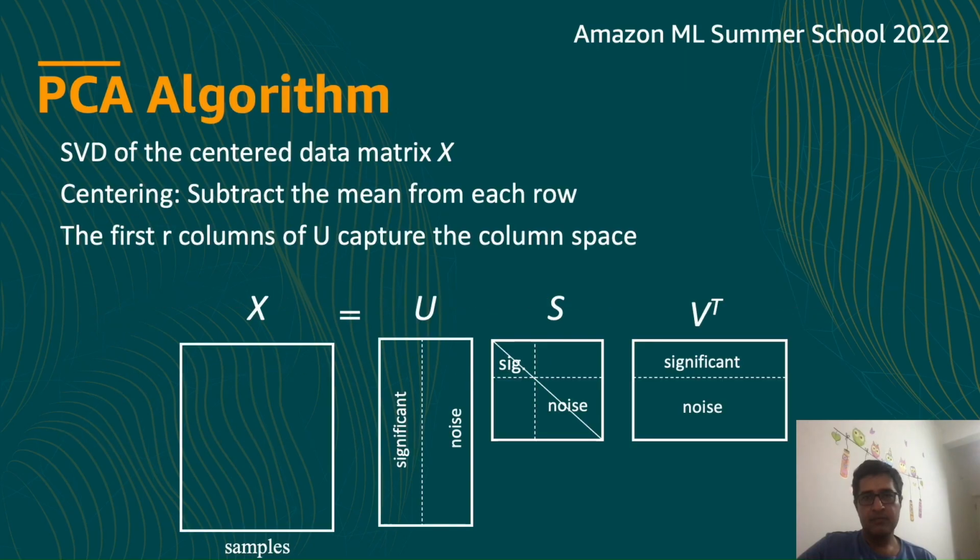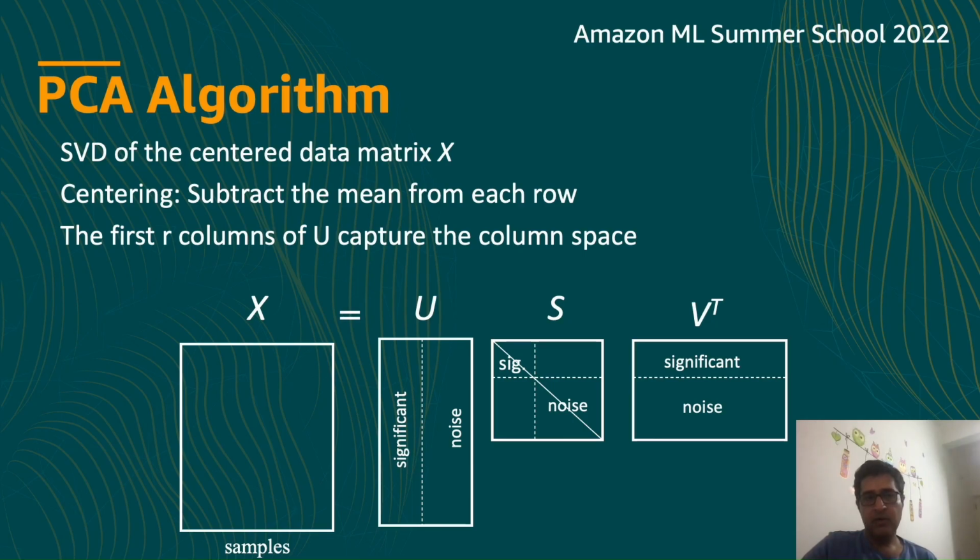PCA is actually the SVD of the centered data matrix X. The centered data matrix X is nothing but you take the mean of the matrix X and subtract the mean from each row.